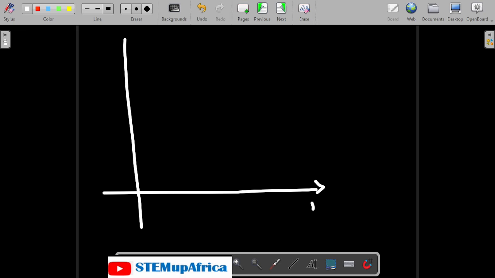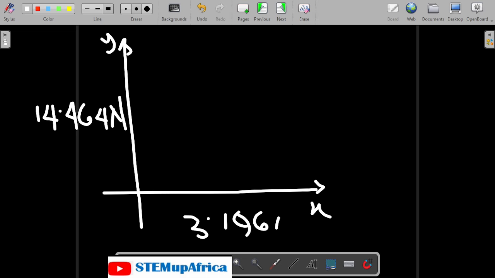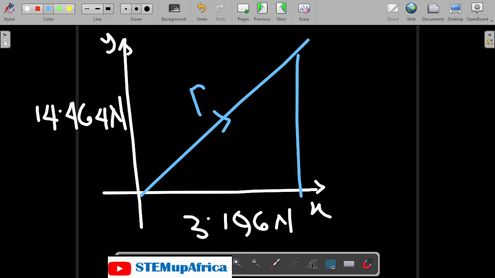Now the net resultant force. Here's my x, here's my y. We got the value here as 14.464 Newton. Here we got 3.196 Newton. The resultant force will come from the point of concurrency of these two forces. Here is now my arrow. This is the direction of the horizontal force. Let's call the angle phi. Here is 90.